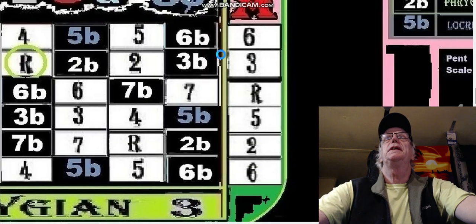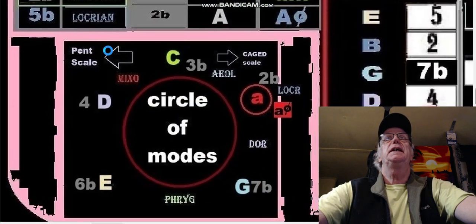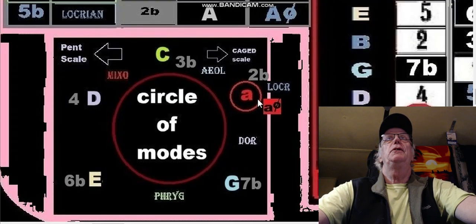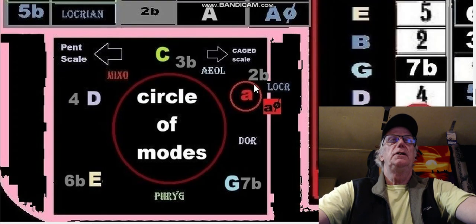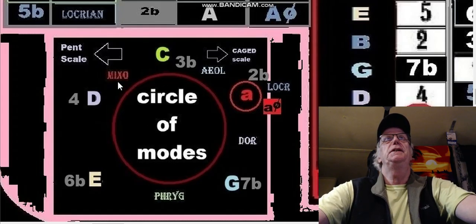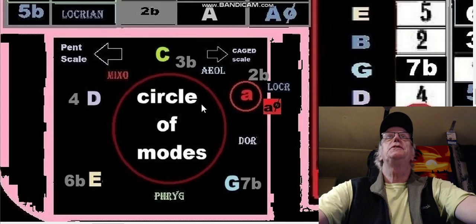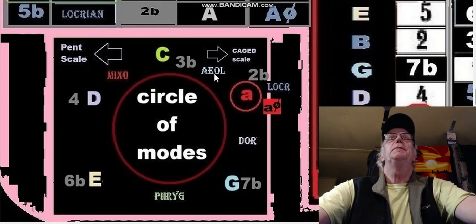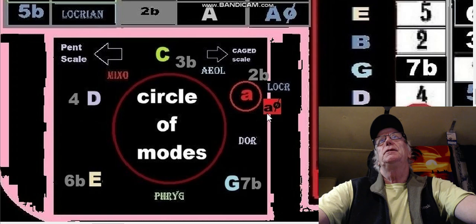We go over to the next box in the A cage. Now we're focusing on the A minor shape in its three forms: Dorian, Phrygian, and Aeolian. And we're going to be looking at the A, that would really be A half diminished.